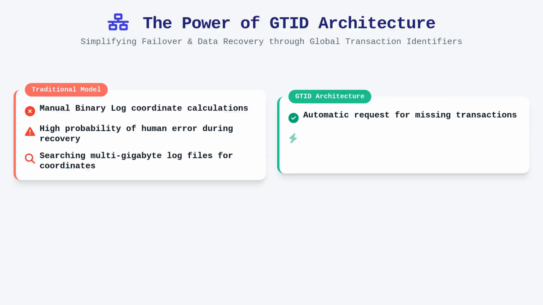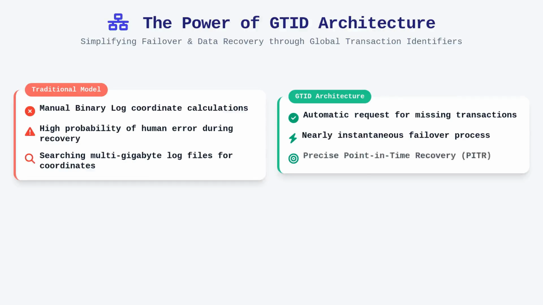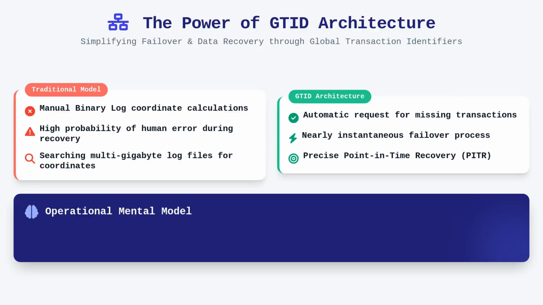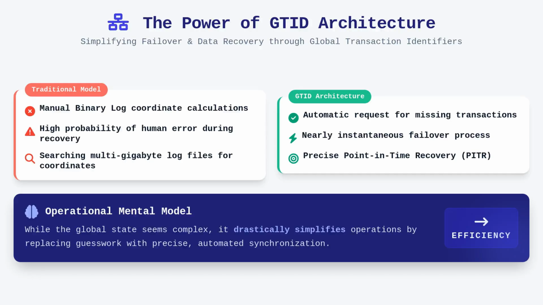This mechanism makes failovers nearly instantaneous and significantly reduces the probability of human error during intense recovery procedures. Furthermore, GTIDs make point-in-time recovery much cleaner, as you can target exact transaction ranges rather than guessing coordinates in a multi-gigabyte log file. While the complexity of the global state might initially seem higher, it actually simplifies the overall operational mental model.